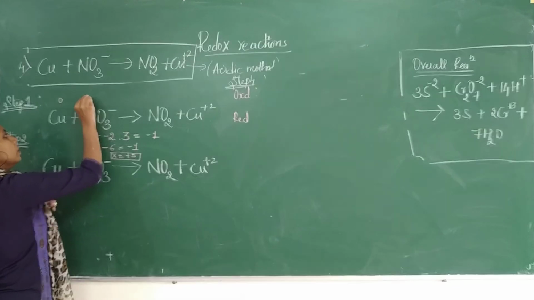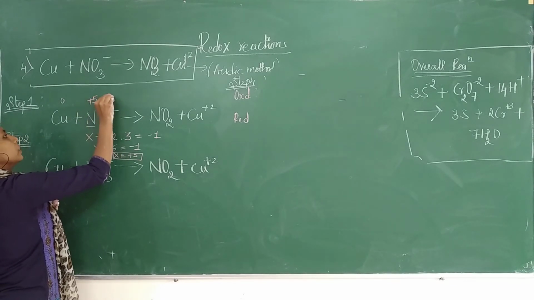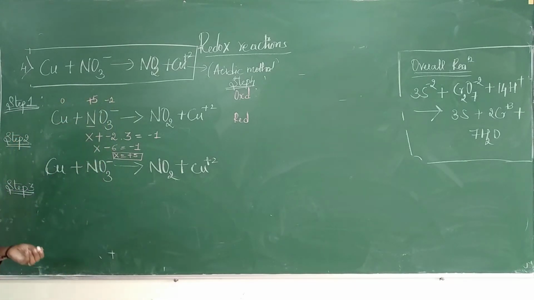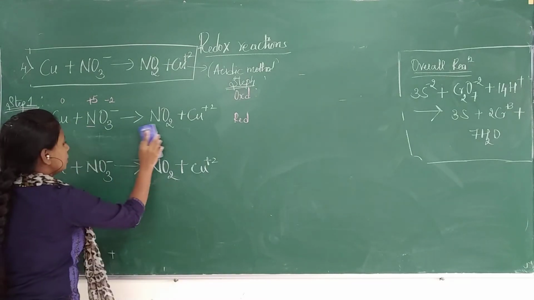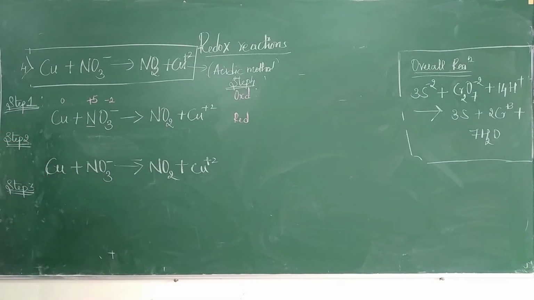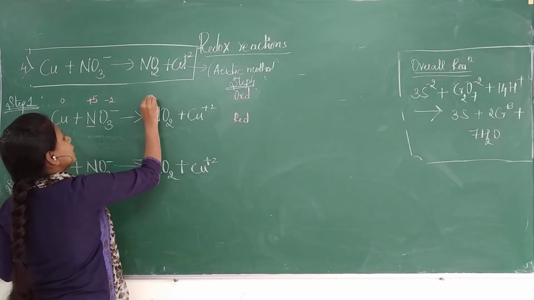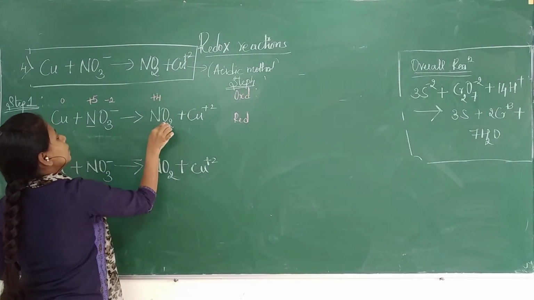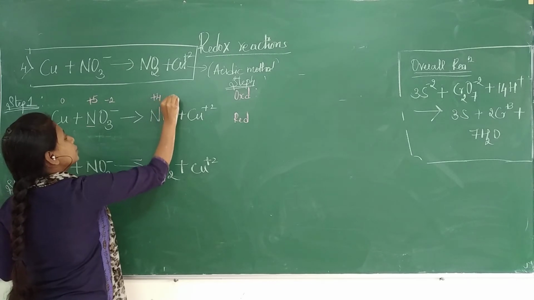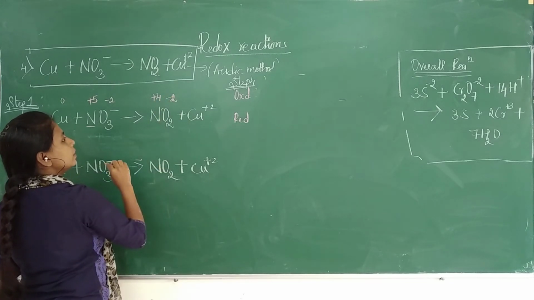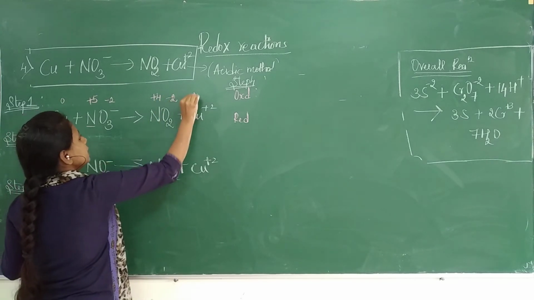Clear? Oxygen is minus 2. Okay, next one. In nitrogen dioxide, NO2, what is the oxidation number? It is plus 4 here. Minus 2. Okay. Copper is plus 2.